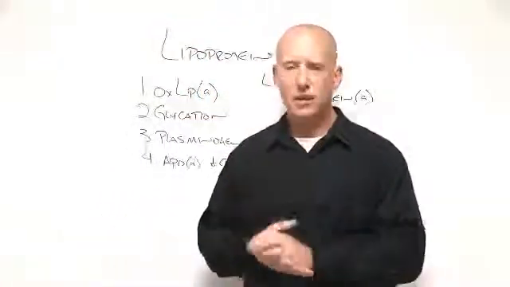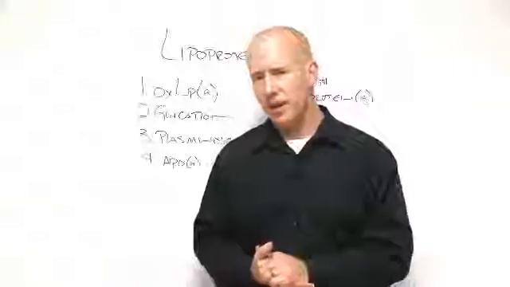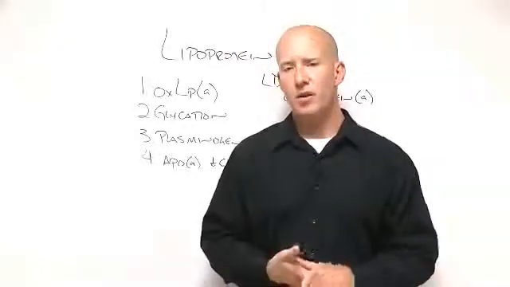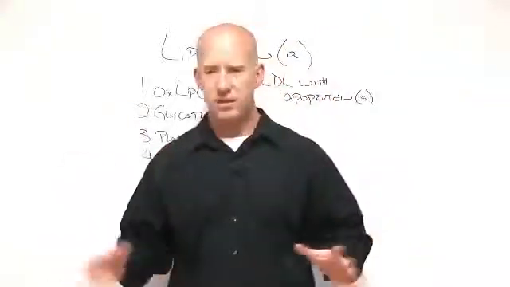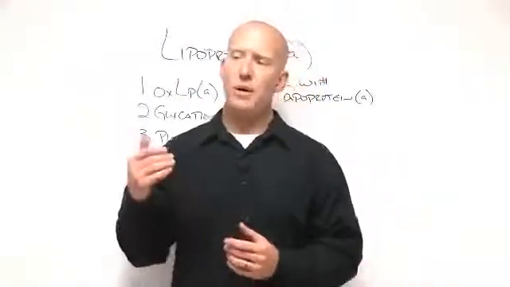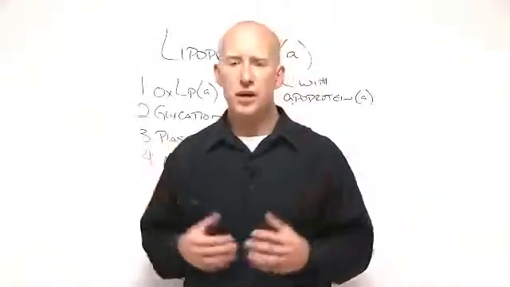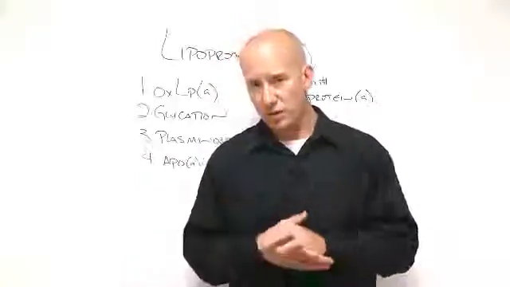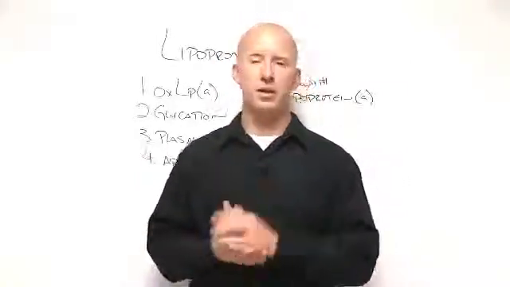So lipoprotein(a) seems to be genetically related, seems to increase one's risk of cardiovascular events aside from any of these other markers, as well as being associated with more blood sugar dysregulation if glucose is not tightly regulated by that particular individual.